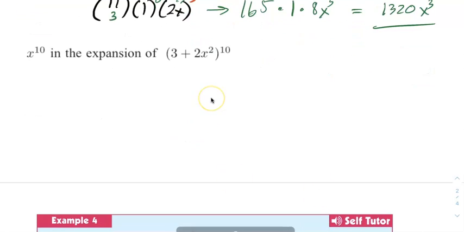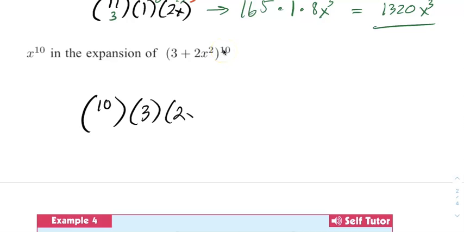So look at the next one, same idea. They want me to find x10 in this expansion. So again, write out what you know. I know that my power here is 10, that's what this is. I know the first term is 3, and I know the second term is 2x squared. Now they want me to find x10. So here's the thing, if I put a 10 here, what happens? You multiply the powers, you actually get a 20. I only want x10.